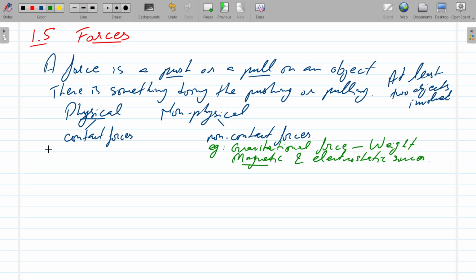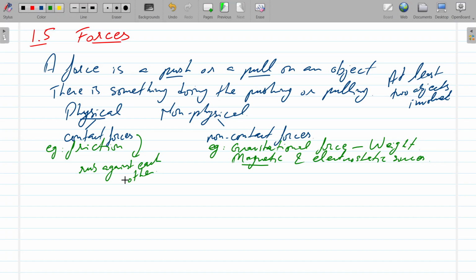Contact force examples are friction. These forces are basically when two bodies, for example, rub against each other. That is what you experience when you're pushing something across the floor, a piece of furniture or a box, and the kind of floor it is, the material it's made of, affects how easily you're able to push it.